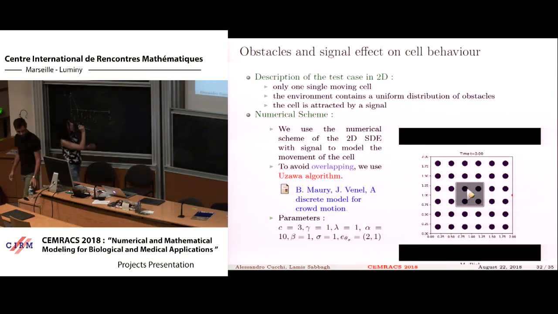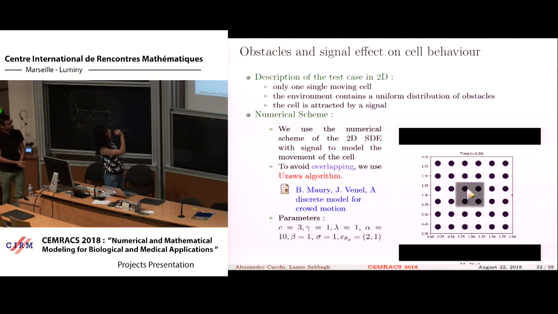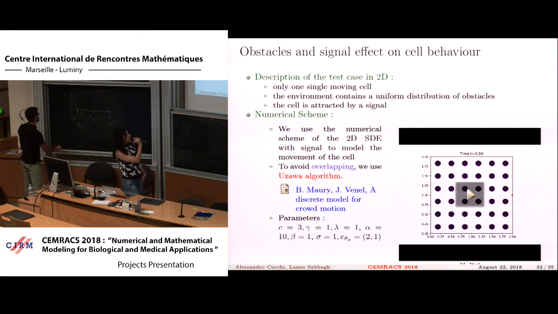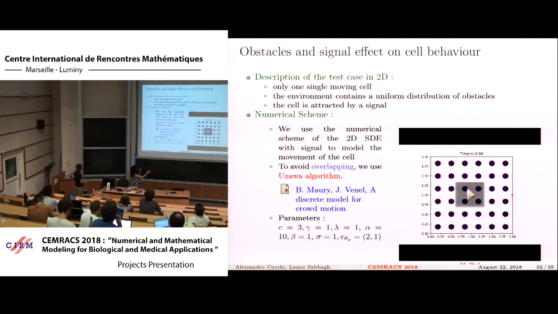Thank you, Alessandro. So now we are interested in studying the effect of obstacles on the behavior of the cell in the presence of a signal. For this aim, we suppose that we have a single moving cell in an environment containing a uniform distribution of obstacles, and we suppose that the cell can be attracted by a signal here.